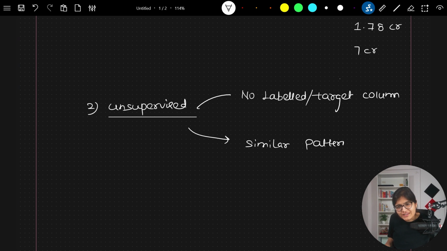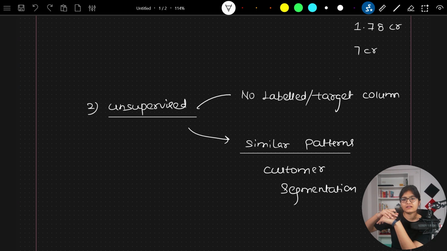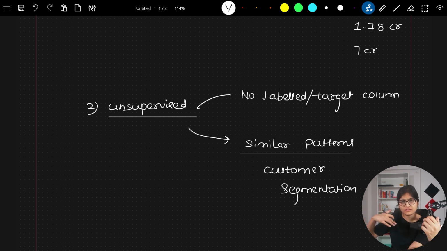For example, one simple example of this is customer segmentation. I want to segment customers. I want to make clusters of the customers. For example, there are a few customers who are in a high-spending category. Per month, their expenditure, their spending rate, is too high.